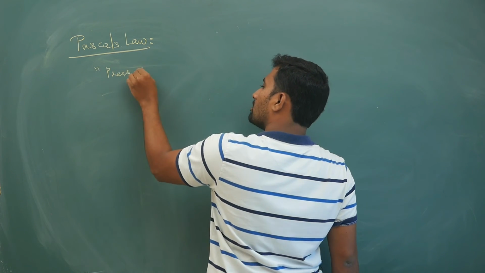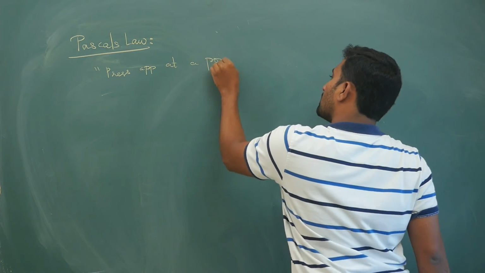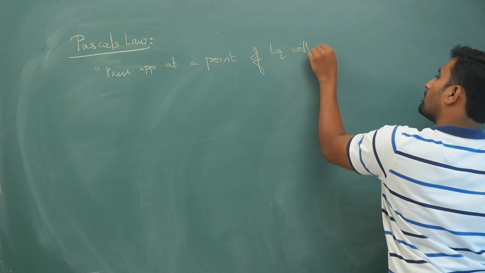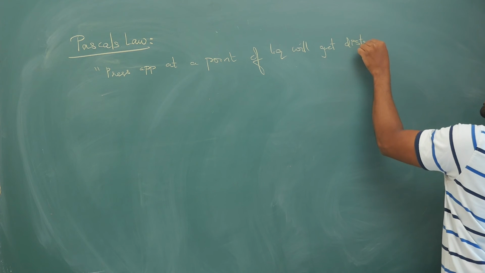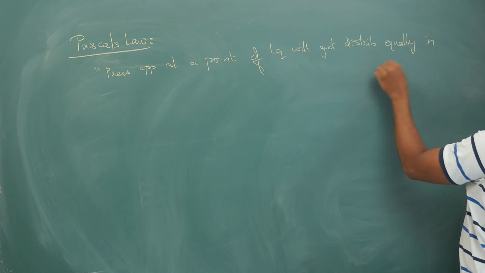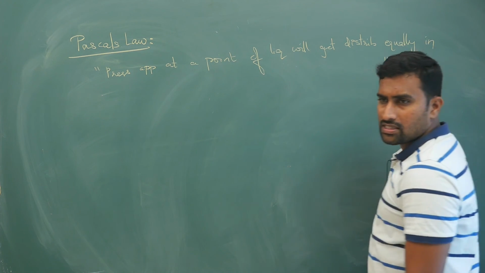Pressure applied at a point of liquid will get distributed equally in all directions. So what is the advantage of this?